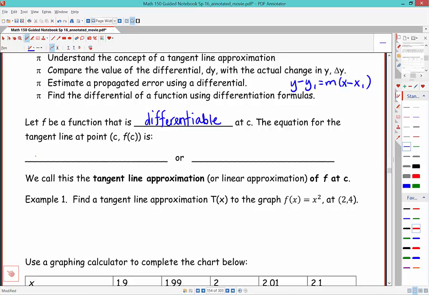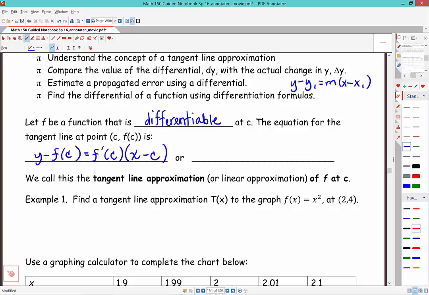Then we'd have y minus the function evaluated at c is equal to f prime at c, that's our slope, times x minus c. This just comes from an introductory algebra equation, but we're using our calculus tools in there.